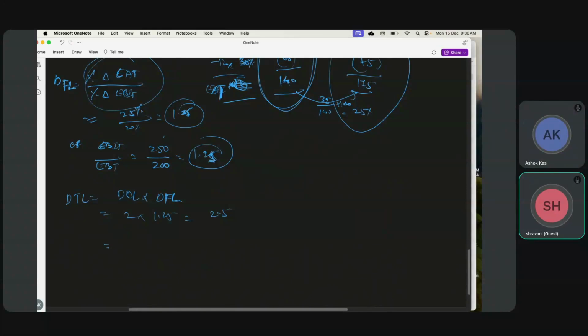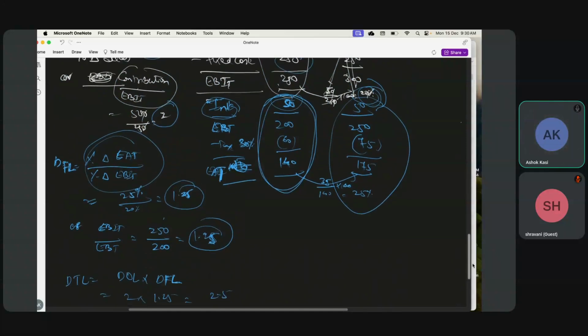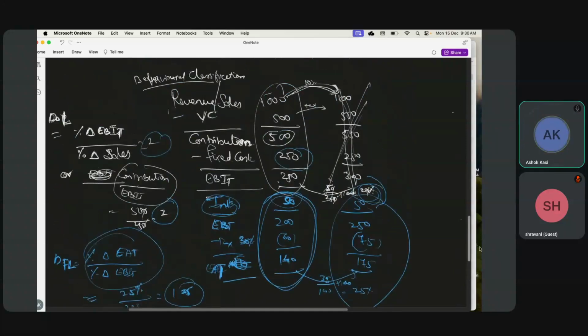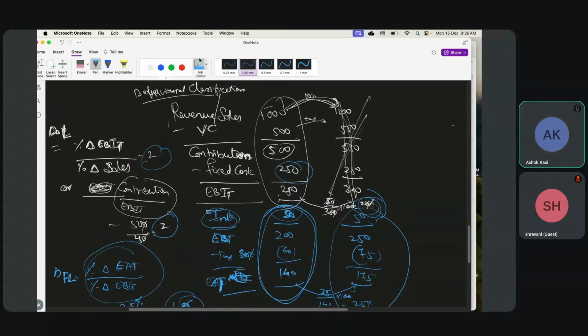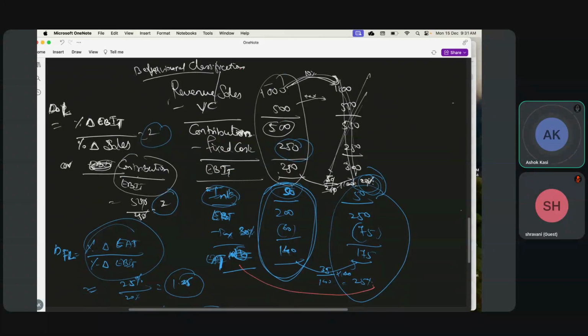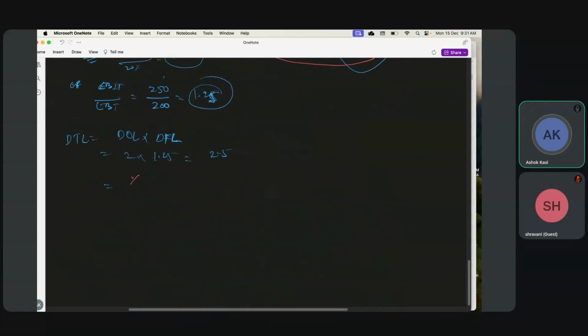Or there are multiple formulas. You can even say total change, right? What is the total change in the profit based on the change in sales, percentage change in sales? So percentage change in earning after tax based on percentage change in sales.